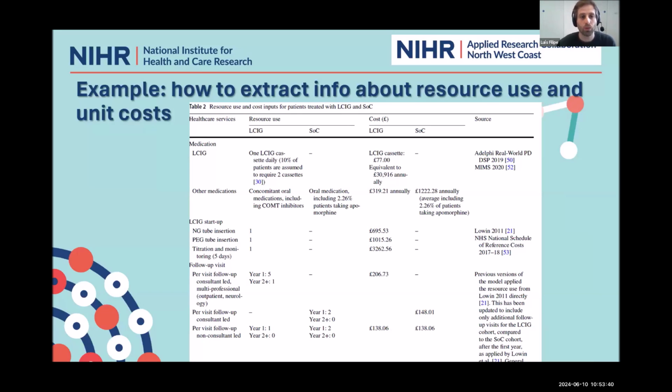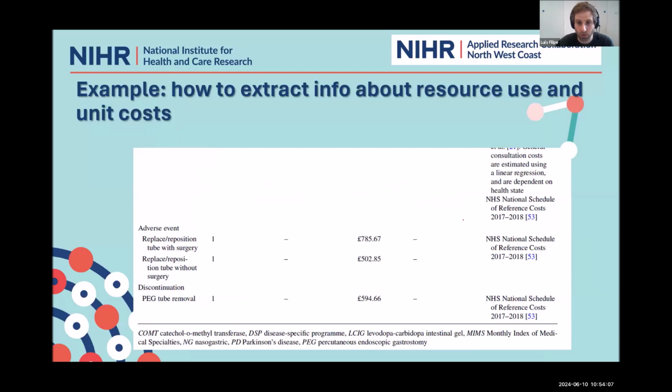Where you can see again that they have the main medication, they have the other medications, then the other, let's say, instruments, materials, so tube insertion. Then you have things like the follow-up visits. You have things like per visit follow-up consultant-led, per visit follow-up non-consultant-led.